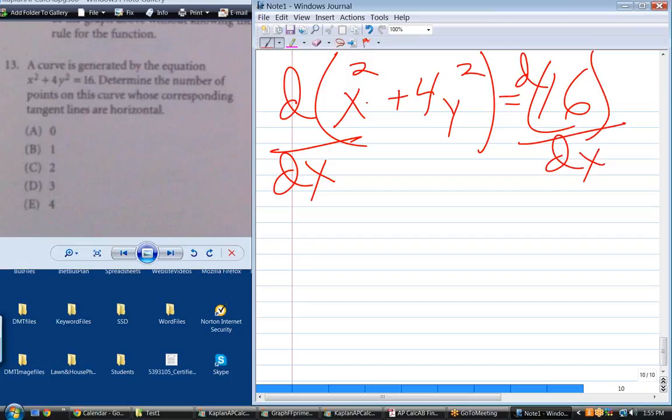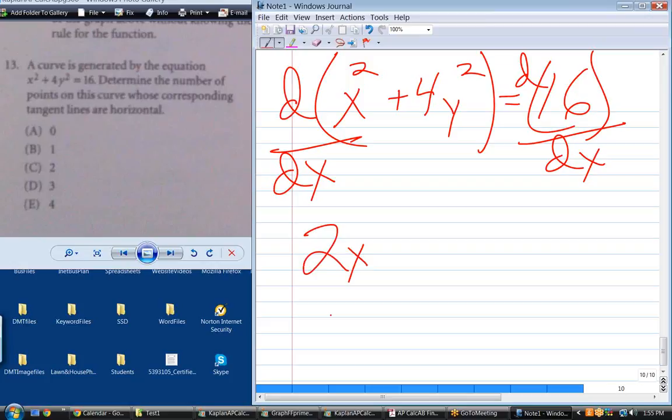Now, when I'm taking the derivative of the left side with respect to x, the only rule I have to follow is that if I run into a variable that's not x, follow it with a y prime. In other words, when I run into this first thing, I just do it standardly. That's 2x.